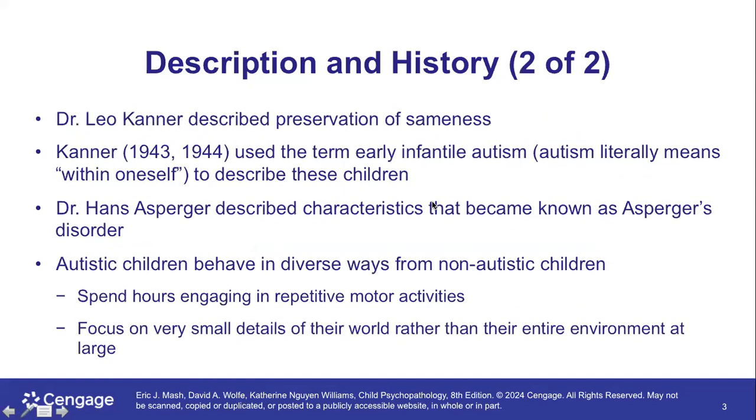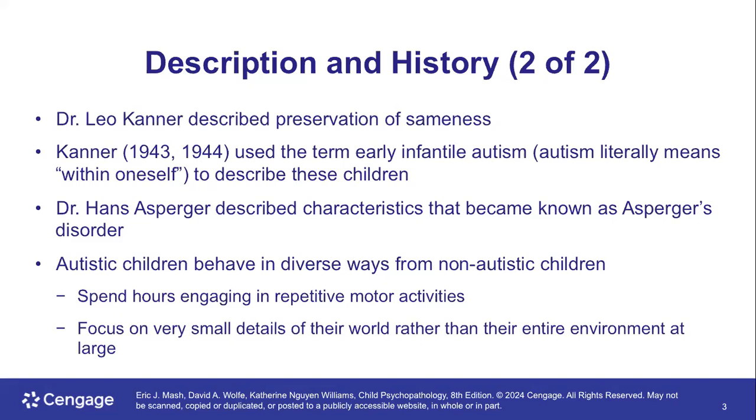Leo Kanner described this concept of perseveration of the sameness, and he coined the term autism itself. So the word autism, the root is auto, which literally means within oneself, to describe these children. And then Dr. Asperger characterized what has been known as Asperger's disorder.